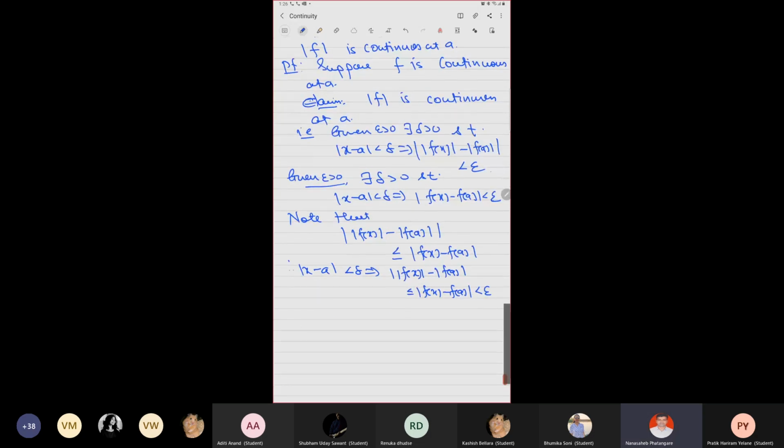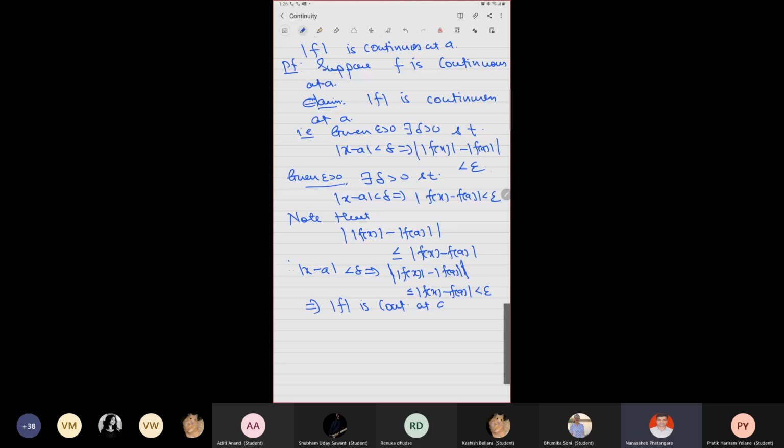So we are successful in producing a delta for any epsilon, so that if the distance between x and a is less than delta, then the distance between the absolute value of f(x) and the absolute value of f(a) is less than epsilon. Right, therefore the absolute value of f is continuous at a.